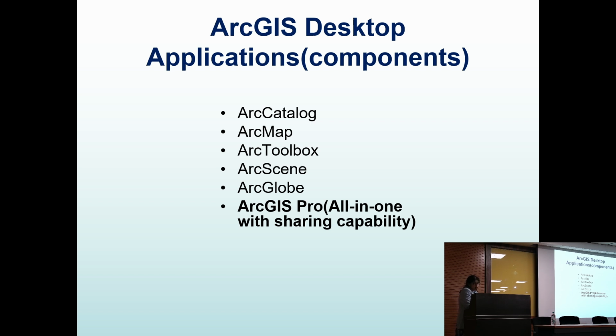Arc Catalog is used to create and manage data. Then ArcMap is used to provide input and visualize the output. Then Arc Toolbox is a container of all the functions and models, which are mathematical formulations of physical laws coded in computer language. These three are a must, and ArcScene and ArcGlobe are for visualization in different dimensions.